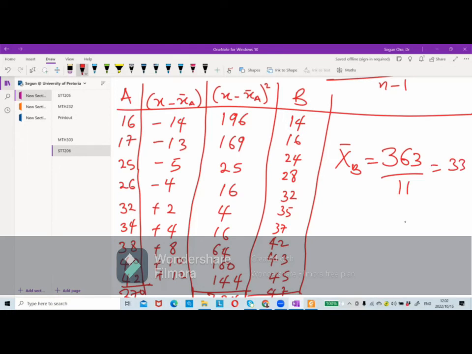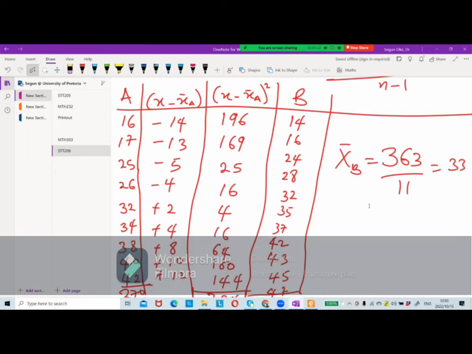Good, thank you, sir. So now we will be using 33 minus XB. Let's do it in your notes and square it at the same time. Let's see the fastest hand.